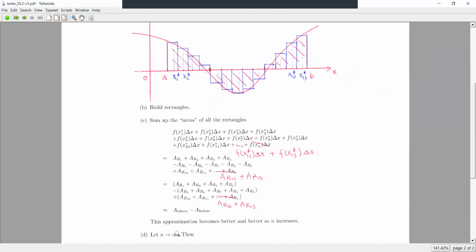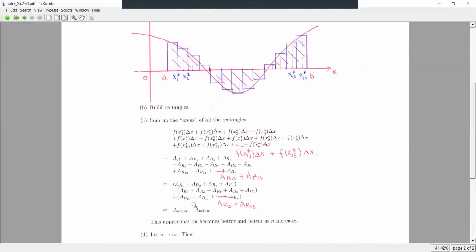Now, to make this approximation into an equation, we need to increase the number of rectangles. Here in this diagram, there are only 13 rectangles. Increase the number of rectangles to infinity. Then this sum will approach the area above minus the area below.